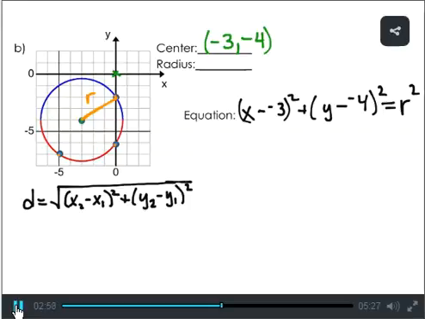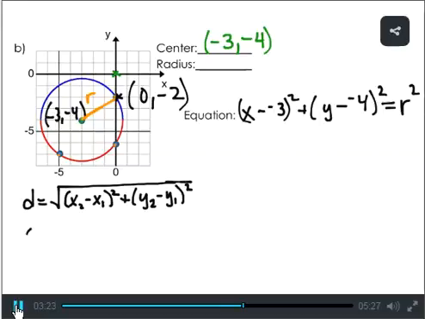You would just have to find the ordered pair of the center, which we already know is -3, -4, and I'm going to pick this point right here where I just drew in my radius. So that would be the point 0, -2. If you choose to do the distance formula, again, remember we're looking at the center, which is -3, -4.